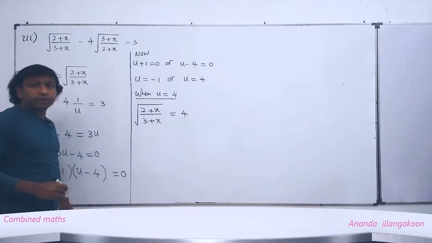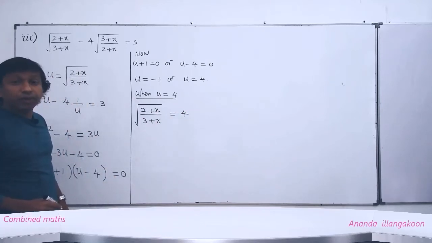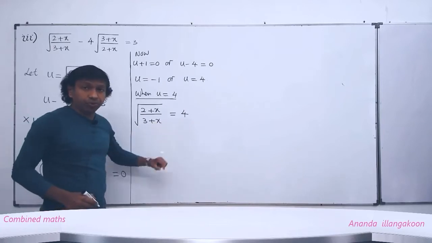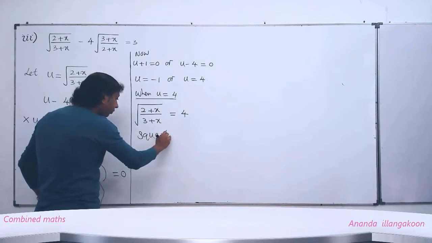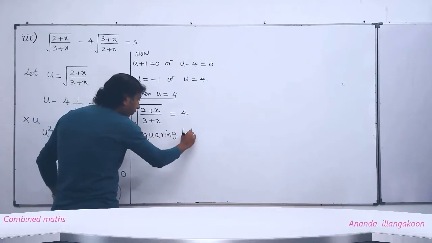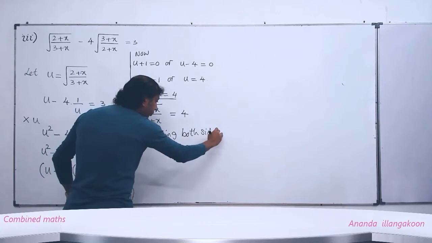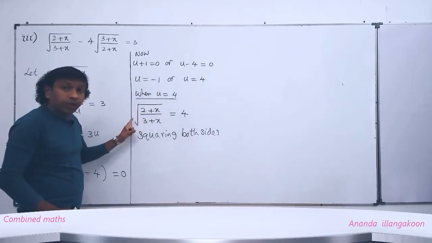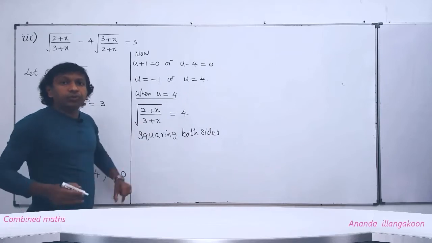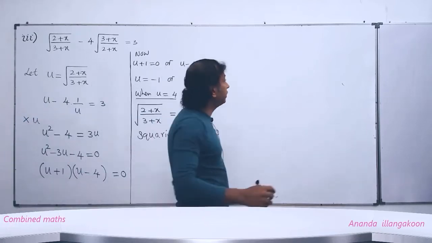Then to find this x, people, what I do is I square both sides, right? Squaring both sides. People, you know, when we square a square root, the square root will eliminate. The reason is this, no, people.